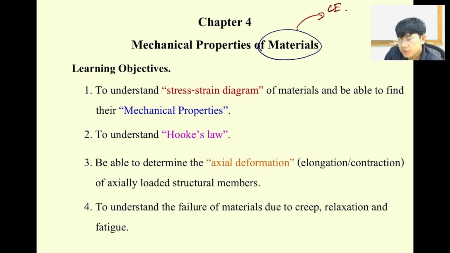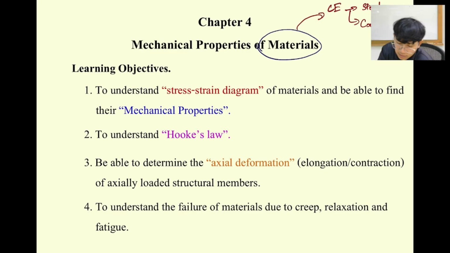Can you tell me the materials that we're going to use in CE, the most used materials? Say it loud, I cannot hear. We have steel, right? We have concrete.